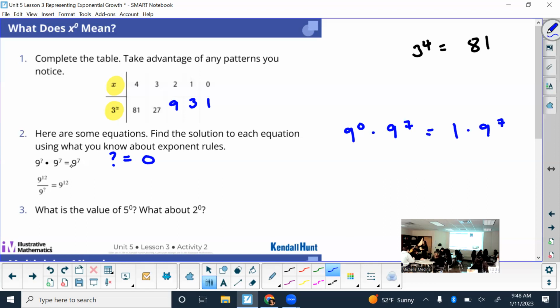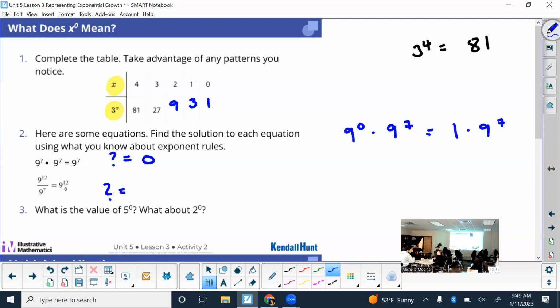The bottom one isn't on your paper, but just look at it real quick. 9 to the 12 over 9 to the question mark equals 9 to the 12. What must that question mark be, class? Shannon? That's 12. Good guess, but it is not 12, because then that would equal 1, not 9 to the 12. Make sense?